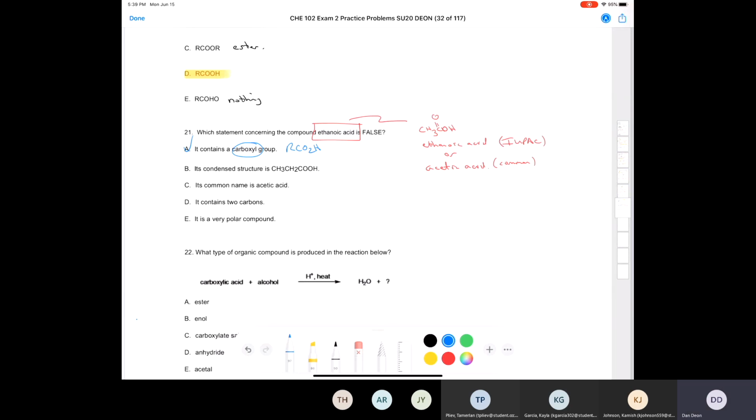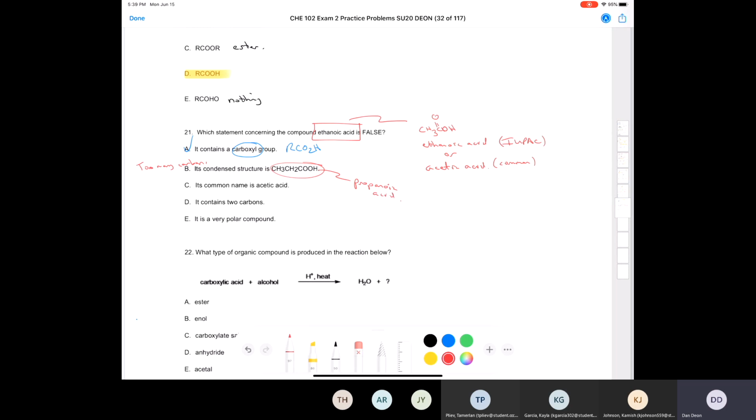Does B seem reasonable? Too many. I like the way you think. Too many carbons, right? Let's write it in the way you said it. Too many carbons. Okay, this is propanoic acid or propionic acid.